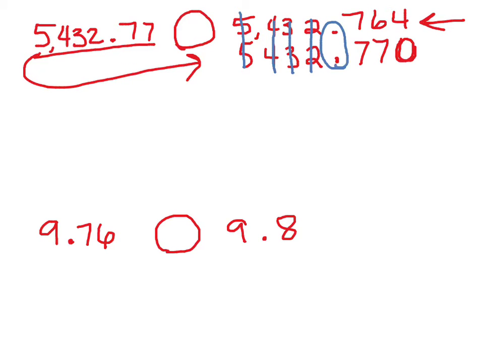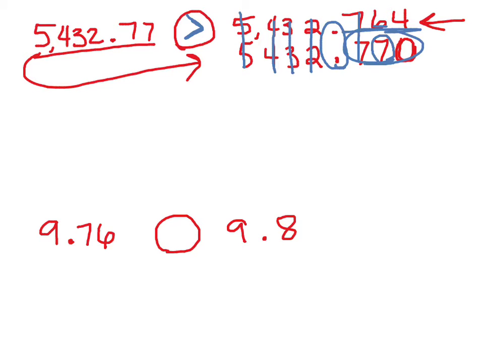Decimals are both lined up. 7 and 7, 6 and 7. 7 is actually bigger. So this would be my answer. Okay? Because 770 is more than 764. You need to just slow down, line the numbers up, and compare from left to right.